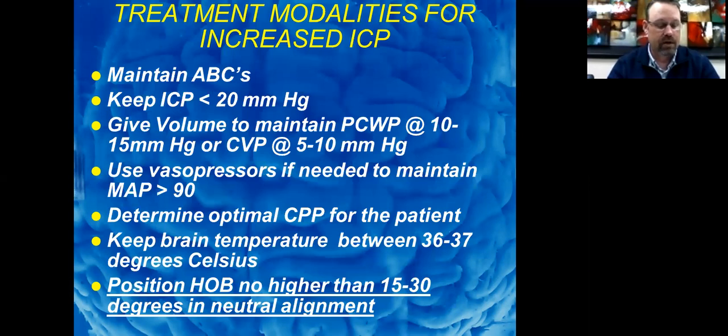If the patient's not in shock, elevate the patient's head, or if you're not in a position to elevate the patient's head because they're on a spine board, you can still raise the bed underneath the spine board up 15 degrees.